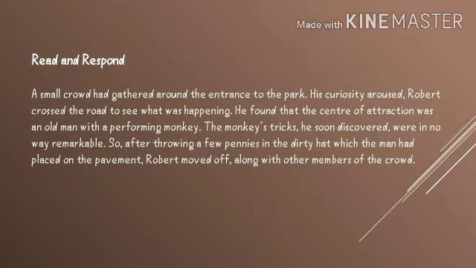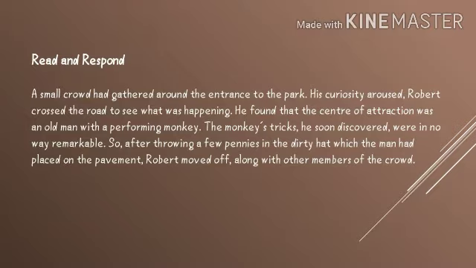Alright, so what happened? On a fine morning, Robert sees a crowd of people, and he had the curiosity to go to that place. And when he goes there, he sees an old man in the midst of the crowd with a performing monkey. This monkey was doing so many tricks. Robert watches with the other people in the crowd, and after watching, he discovers that these are very simple tricks, not any extraordinary tricks.